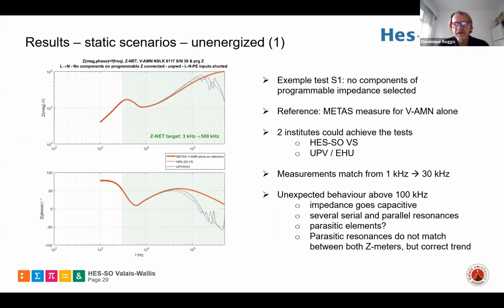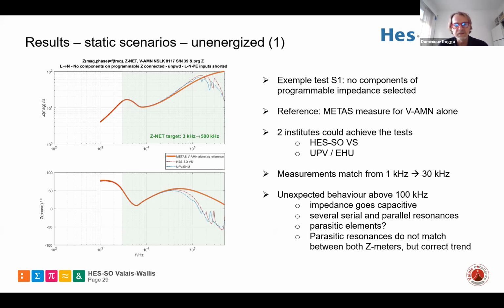And the results were not too good, and there are different reasons. We think that damping can change the behavior of the measurement a lot if there is damping in a circuit.